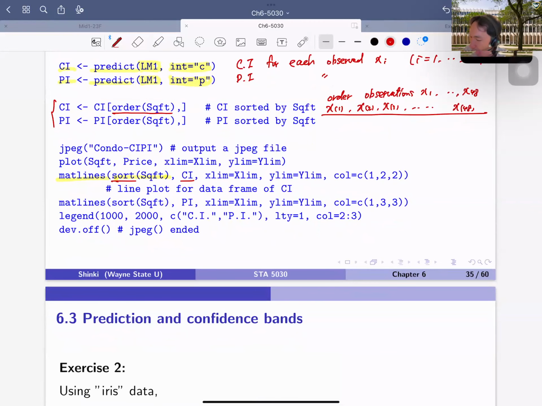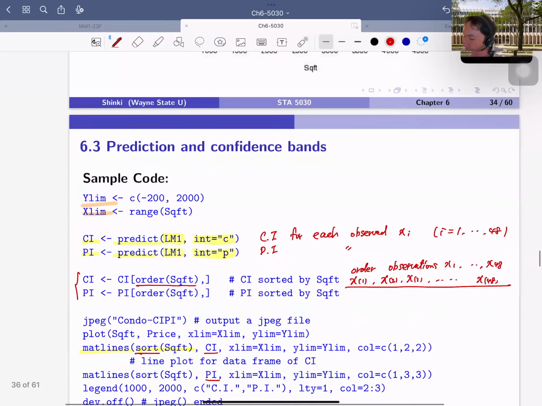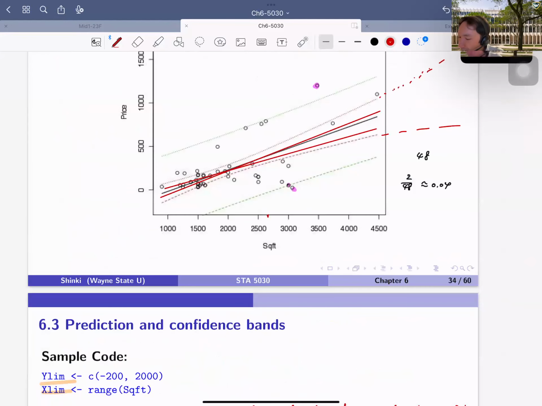Then we put the confidence interval for that, and we overlay the prediction interval as well. Then we put in a legend. So why do we have to order it? Because we have many intervals. If we don't order it, the order of observations is random, which means we randomly connect points on these bands.